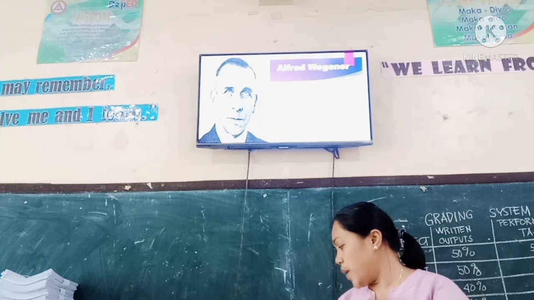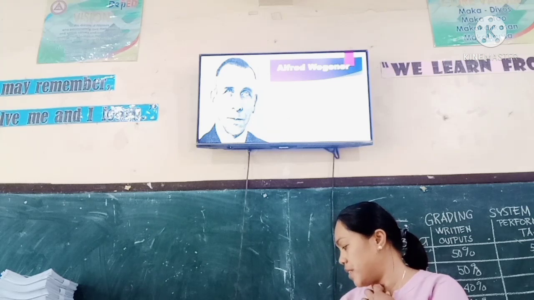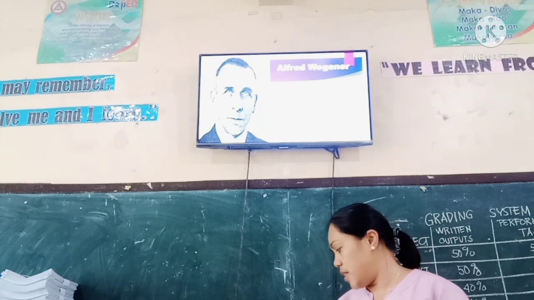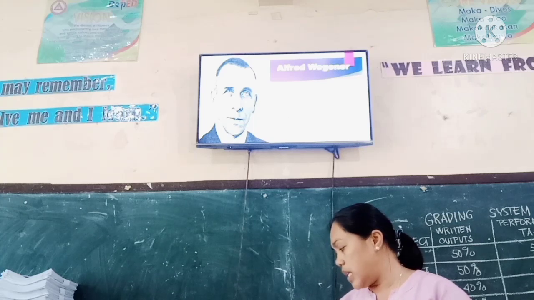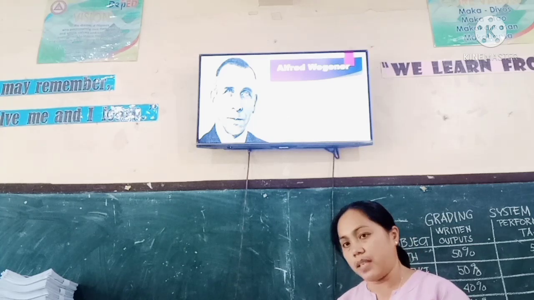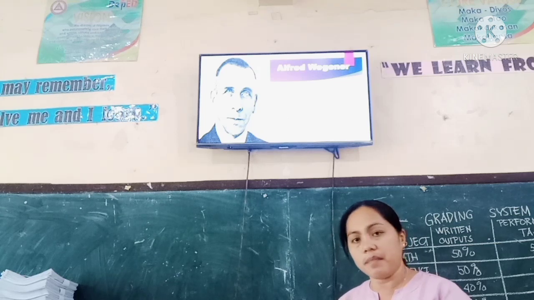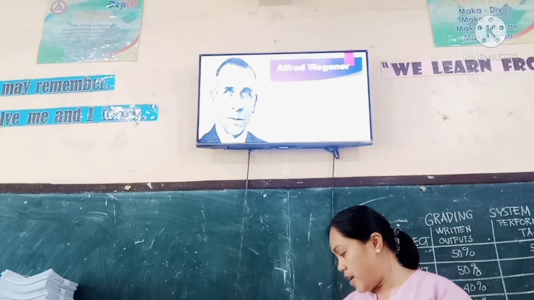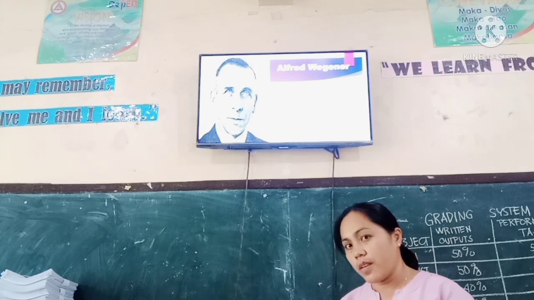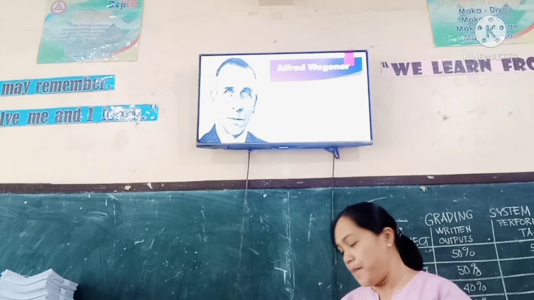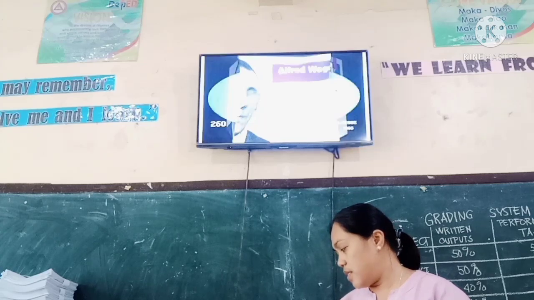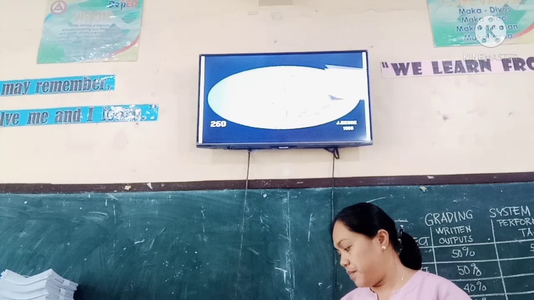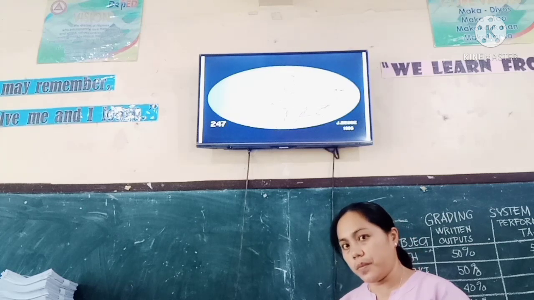In 1912, Alfred Wegener, a German meteorologist, proposed a theory, the continental drift theory, which stated that all continents were once a large landmass, and he named this landmass Pangaea. Okay, who discovered Pangaea? Alright. Okay. Take a look at this video.